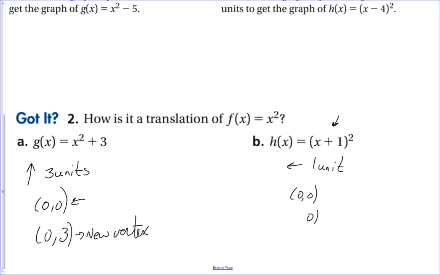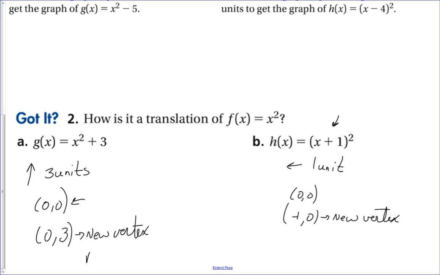So our y value is still going to be 0, but all of our x coordinates are going to move left by 1 unit. So when you're moving left, it's going to go from 0 to negative 1. So this is our new vertex. I know I didn't have you do the vertices, but I decided to.